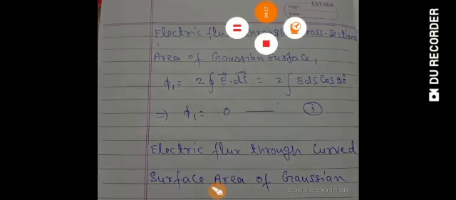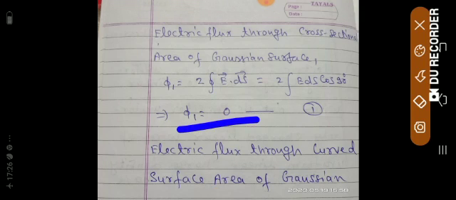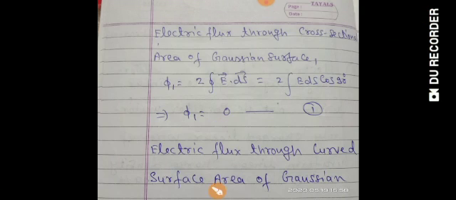Students, you can see how we are applying the Gauss theorem, which we already proved in the previous headings. So this is the result: phi 1 is equal to 0 for the electric flux through the cross-sectional area of the Gaussian surface, as you see in figure x1. Now come to the original video. I am going to read it.